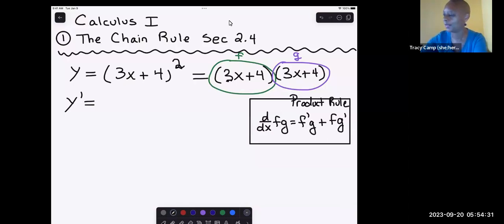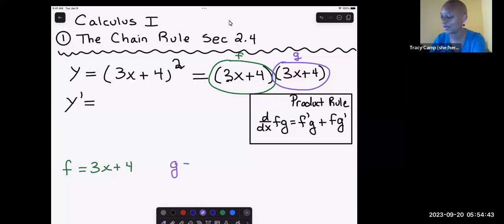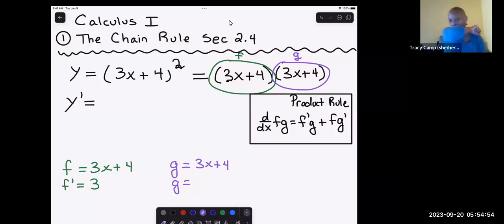So if we use, again, f equals 3x plus 4 and g equals 3x plus 4, the derivative of f I know is 3, and the derivative of g is also 3. Again, the derivative of a constant is just 0. That's why I'm not putting anything for the 4, because the derivative of 4 is 0 since 4 is a constant.